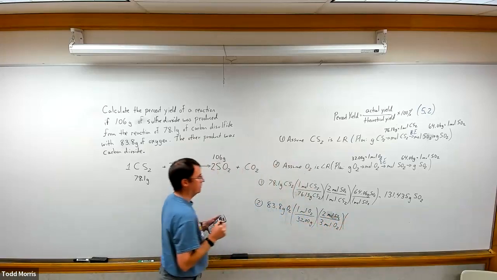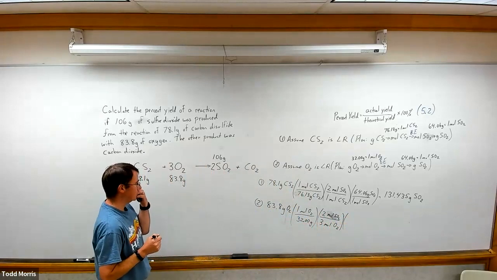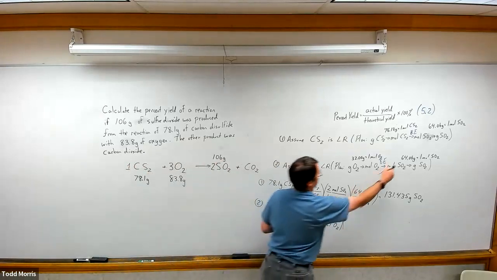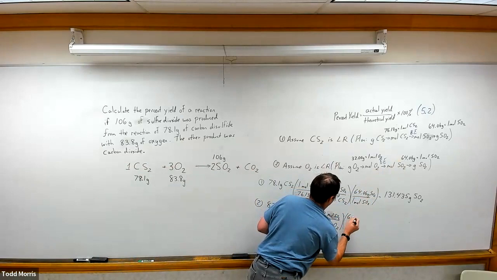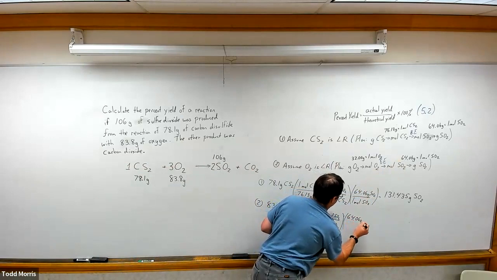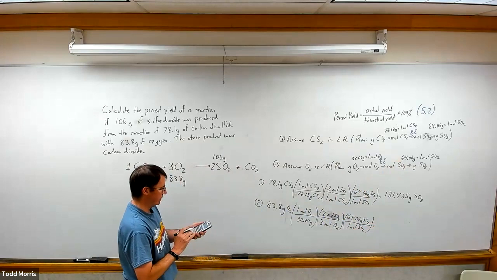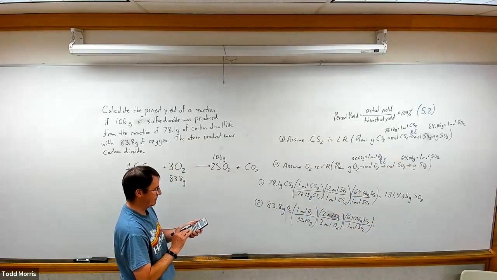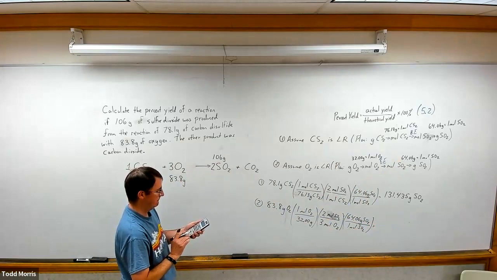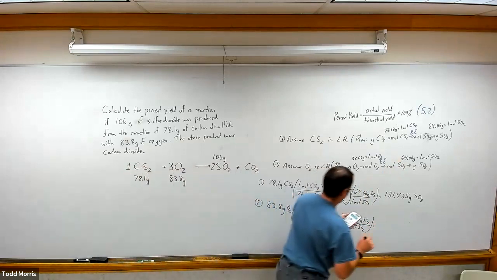And then finally, converting from moles of SO2 to grams of SO2, we'll use that same molar mass, 64.06. Using calculations now, we have 83.8 grams times 2 times 64.06 divided by 32 divided by 3 gives me a value of 111.84.